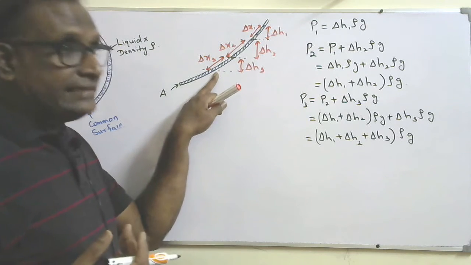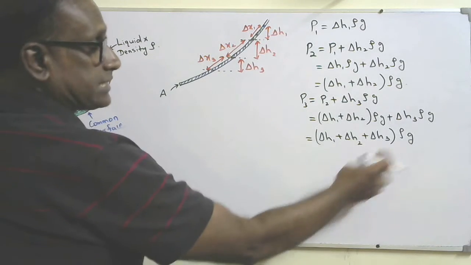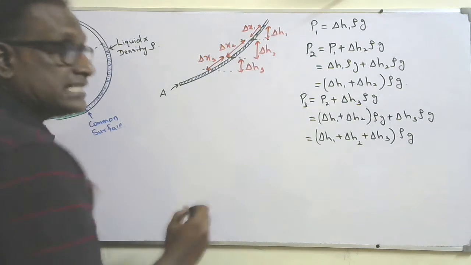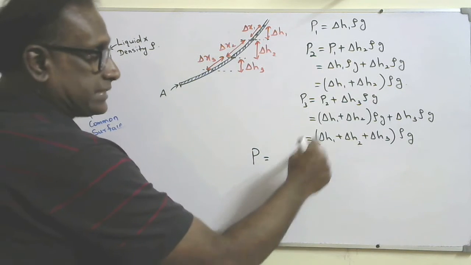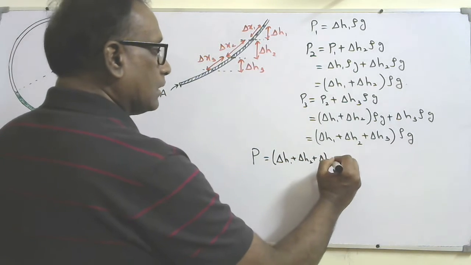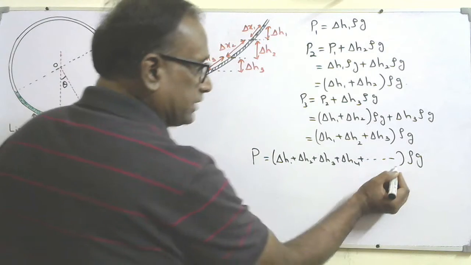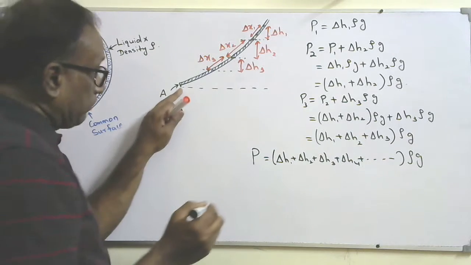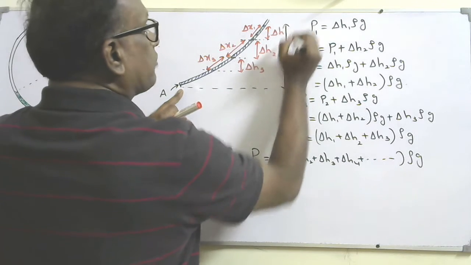Okay, so like that, what will be the pressure here? We need to consider delta H1 plus delta H2 plus delta H3 plus delta H4, like that. I need to consider all the vertical heights. The final pressure at this point is given by (delta H1 plus delta H2 plus delta H3 plus delta H4 plus dot dot dot) rho G. All these heights, if I add, will be the vertical height above the bottom surface up to the top surface of the liquid column.